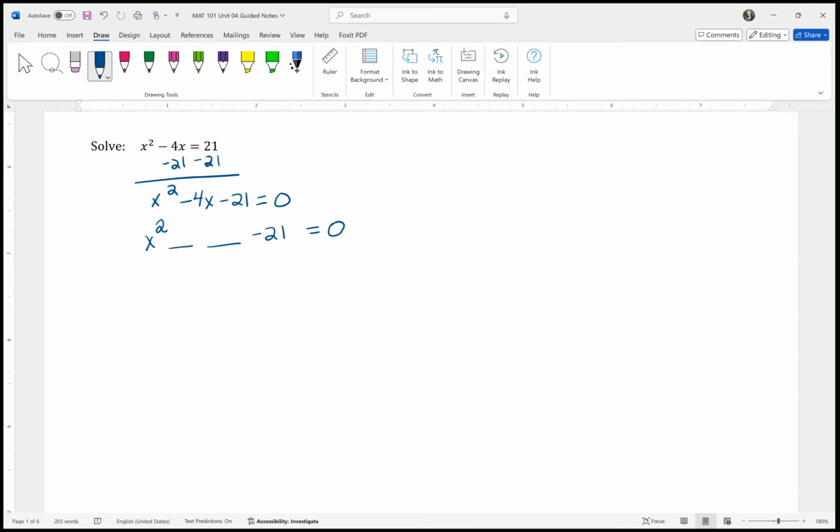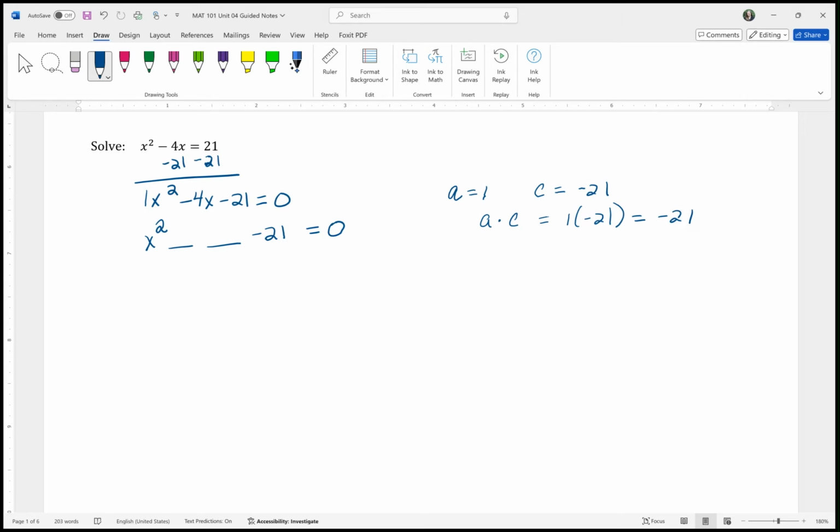What is a in this problem? Think about it. Okay, remember this is an understood one. So a in this problem is going to be 1. C in this problem is -21. So A times C is 1 times -21, which is -21.